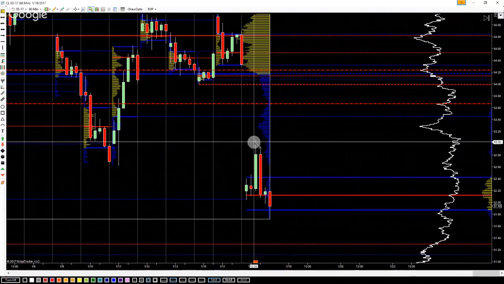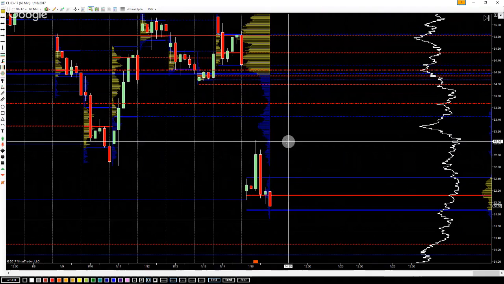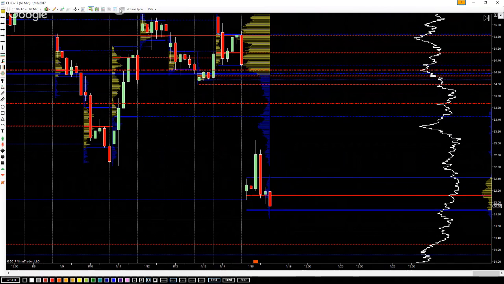So here's a swing. Now this is also going to correlate with yesterday's high, but there's no reason why I can't. Let's do this.